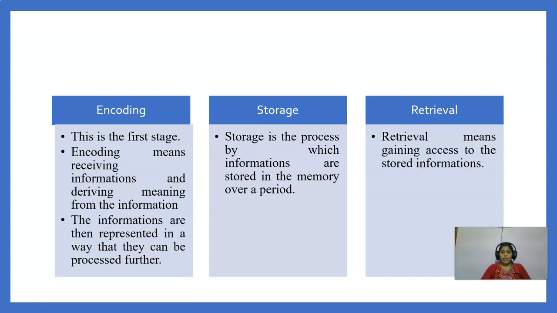So we can understand these three interrelated stages with an example. Suppose I have visited a place last summer. So I have encoded, registered information about that place, about the experiences, through my sense organs. So that is the encoding phase.